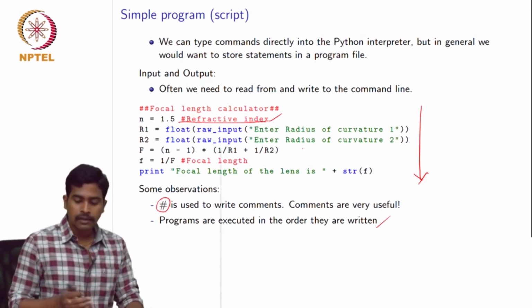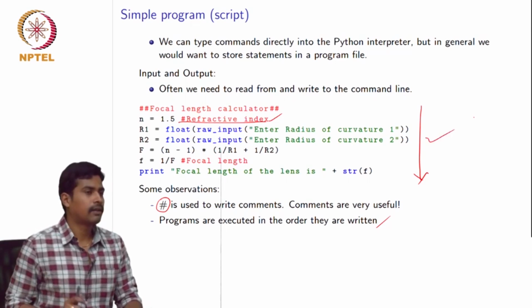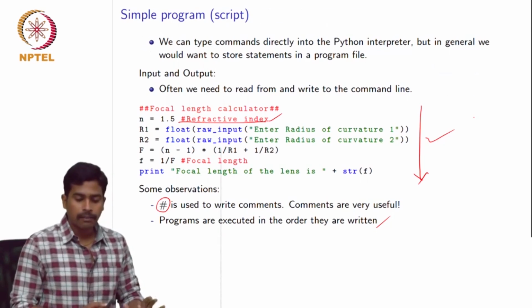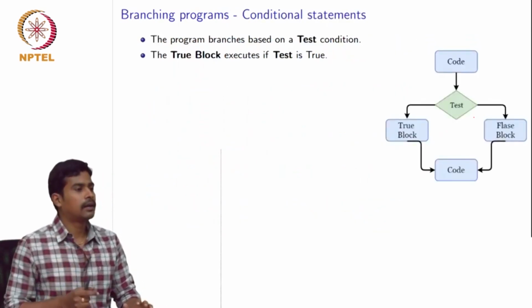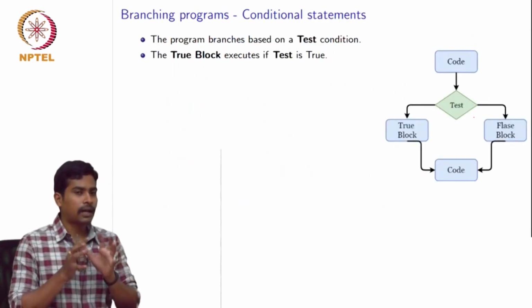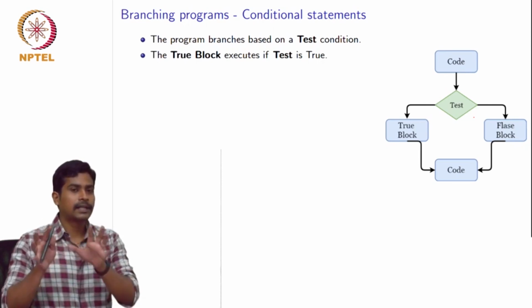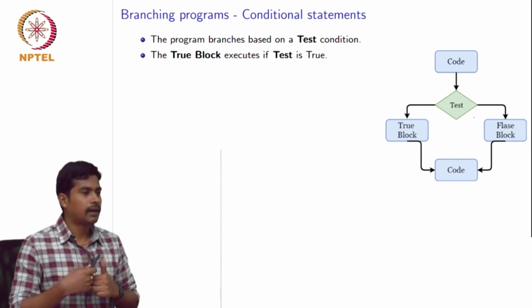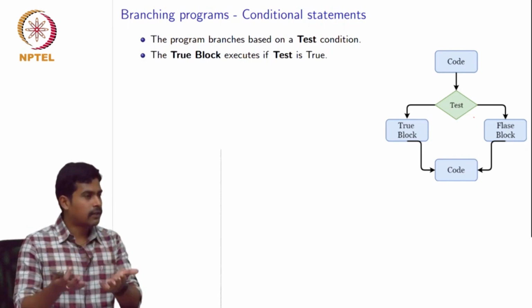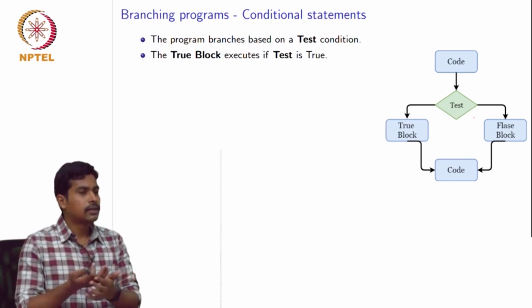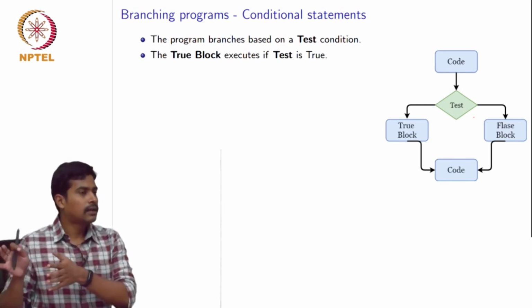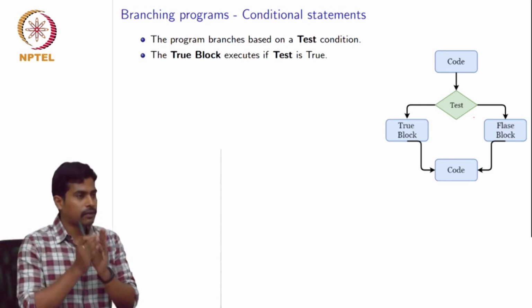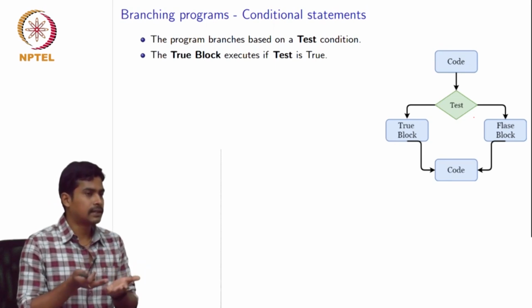Okay. So this is good in most of our programs, but what if you want to execute a particular part of your program only when a particular condition is met? For example, you have 2 radius of curvature values given. You all know there is a thick lens and a thin lens, right?